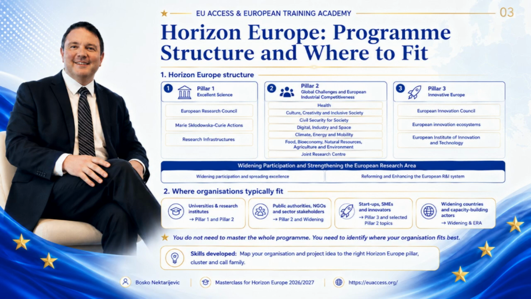Pillar 3 supports innovation, including the European Innovation Council and innovation ecosystems. The Widening and ERA part is particularly important for countries and organizations seeking stronger integration into European research and innovation networks. This slide helps participants move from confusion to orientation. Which pillar, which work program, which type of call, and which role. Participants learn to map their organization and project idea to the right Horizon Europe pillar and call family.